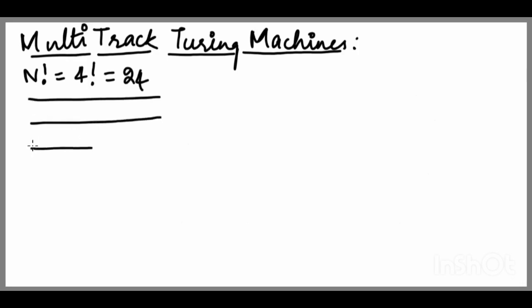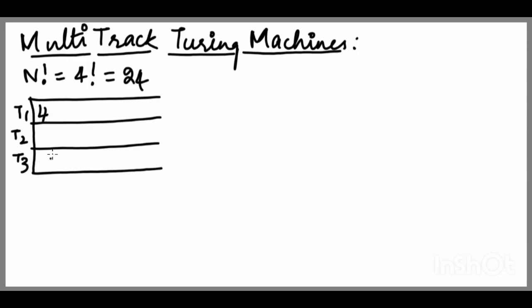As we discussed, let's say our n factorial, that is 4 factorial, gives us the result 24. And we have chosen a 3-track Turing machine where in track 1, we place our n.